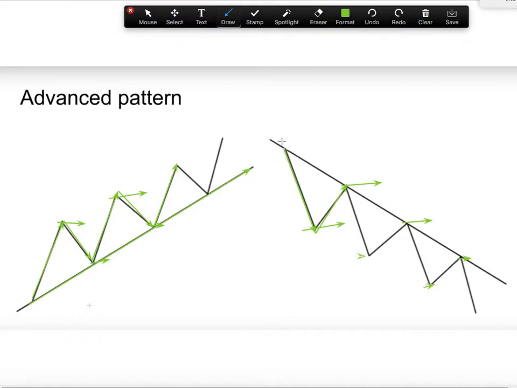Now in an upward market, we connect the lows. In a downward market, we connect the highs. Because in an upward market it's forming a V, we are meant to connect the tip of this V. Whenever the market is retesting a resistance, an imaginary resistance, resistances are basically imaginary lines.